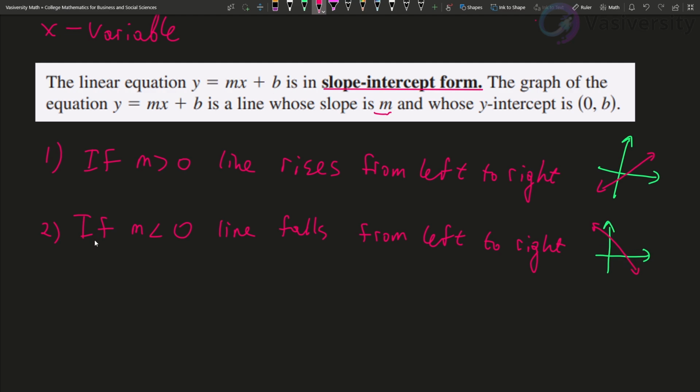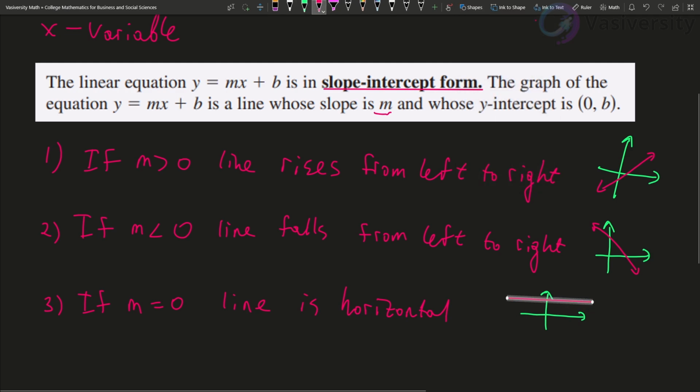The third case, if m is equal to 0, the line is horizontal, which is the easiest equation of a line, because it is just a simple straight line, which is parallel to the x-axis.